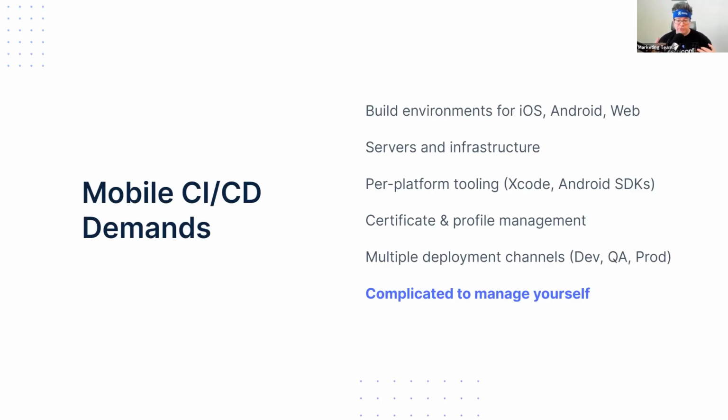And then of course, different deployment channels. So every company is going to be different when it comes to their CI/CD pipelines, but often you'll have something like moving from different stages of development to QA to production, and all different types of other deployment channels from there.